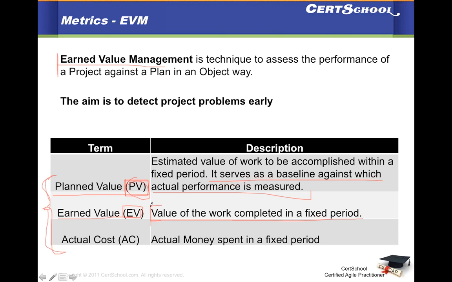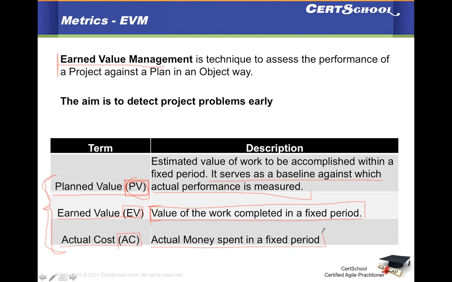That is what you would want to assess. So at the end of the first sprint, you would see the value of the work completed in that fixed period. That fixed period is the first sprint, first month. And then you have the actual cost, which is AC, the actual money spent in that fixed period.